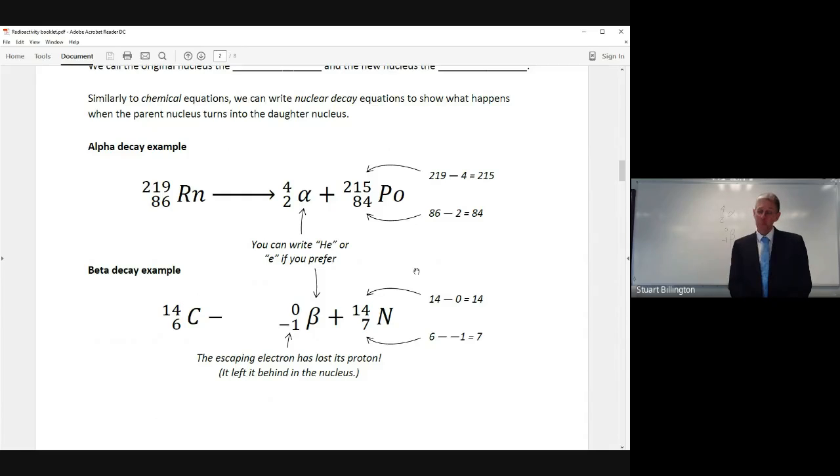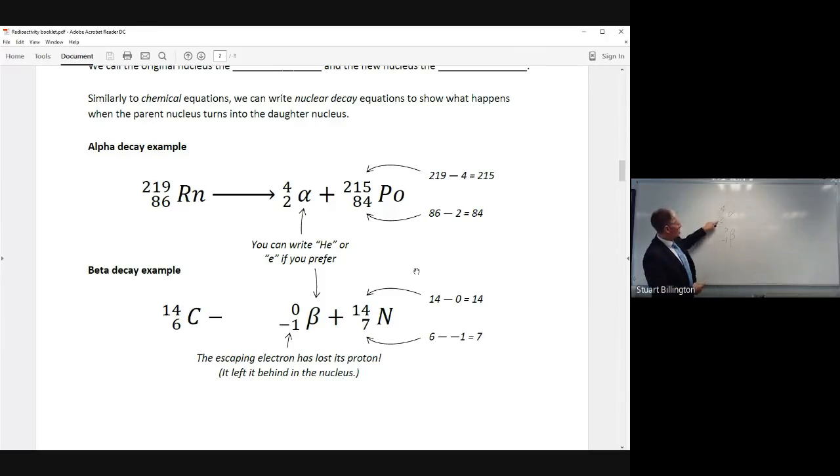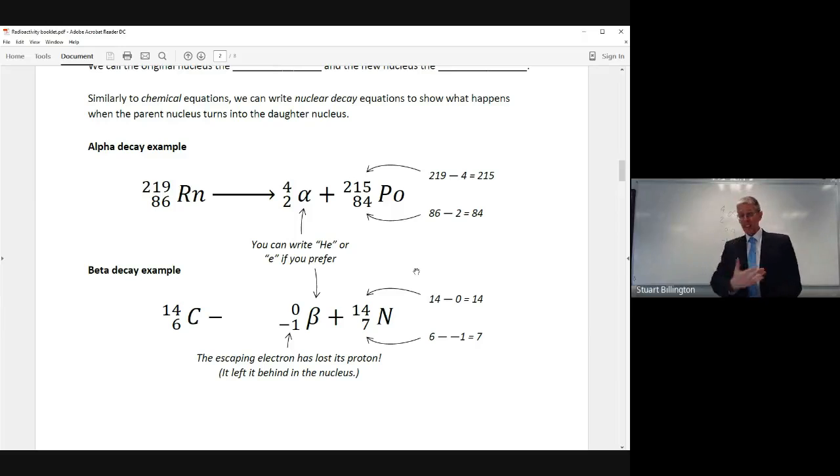It doesn't really mean anything. It's just written like that to make the numbers work. So if you look at the example, 14 plus 0 is 14, and 7 minus 1 is 6. So these numbers really do mean something for the alpha particle, but for the beta, it's just a little mathematical reminder so that we get the sums right. So some of you will remember a neutron turns into a proton, and that's the way that you will do beta equations. That's the fact that you will remember in your head.